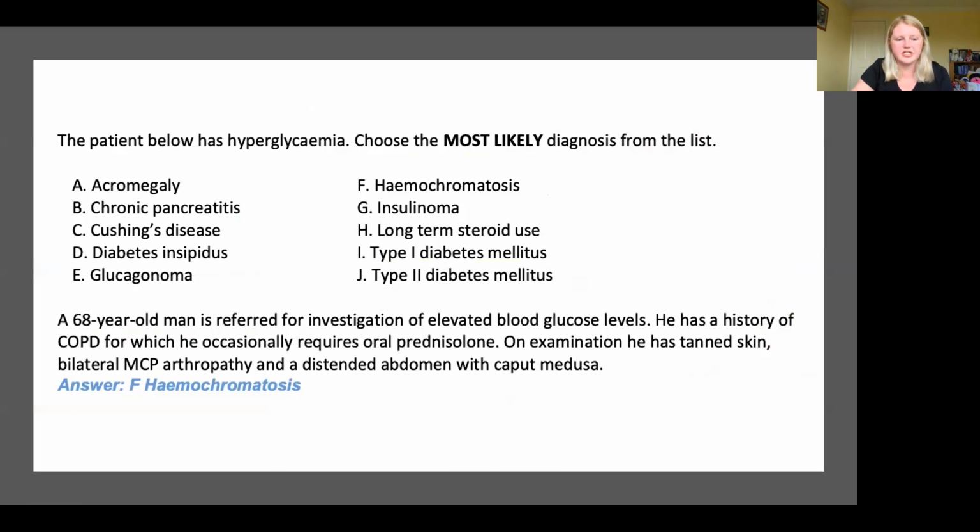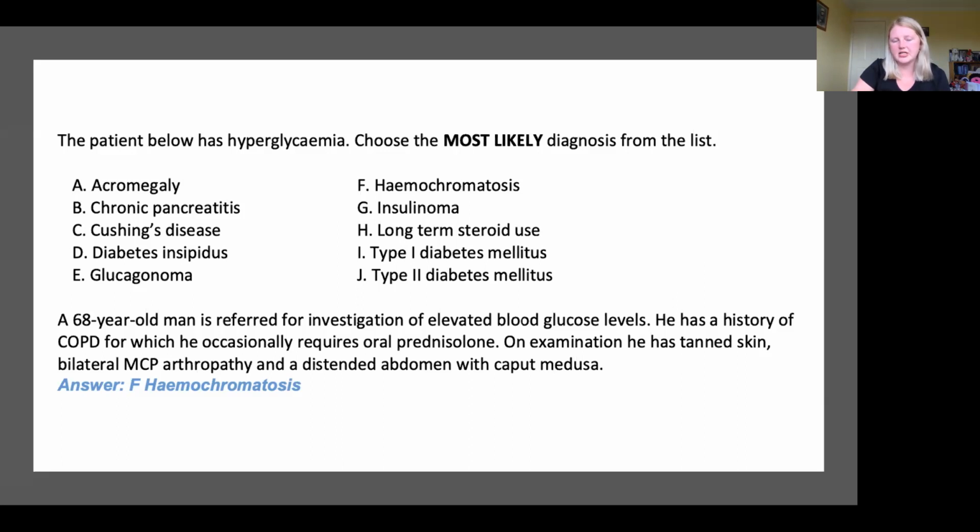Oops, I forgot to get rid of the answer. Okay, so I just wanted to point out with this one is that despite the fact that the patient has symptoms that suggest that he may have Cushing's, it can present similarly to hemochromatosis. And the thing that differentiates it in this question is the tanned skin.